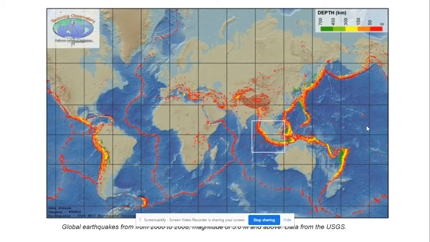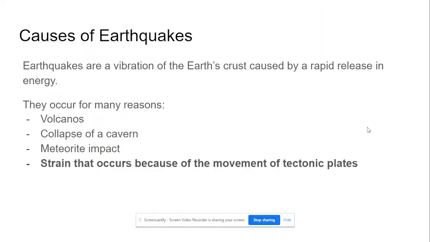Okay, so we see earthquakes in a pattern that resembles the plate boundaries. Well, the causes of earthquakes can be really different. Earthquakes occur because there's volcanoes. Earthquakes can occur if a cave collapses underground. Earthquakes can occur because a meteor or an asteroid hits the earth, and that shock will cause an earthquake.